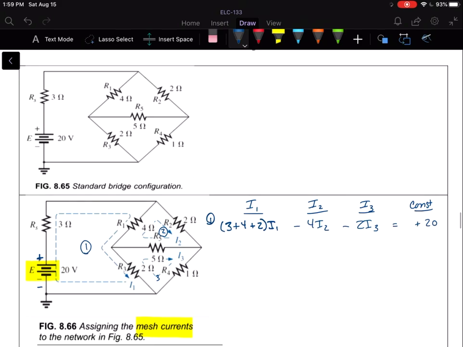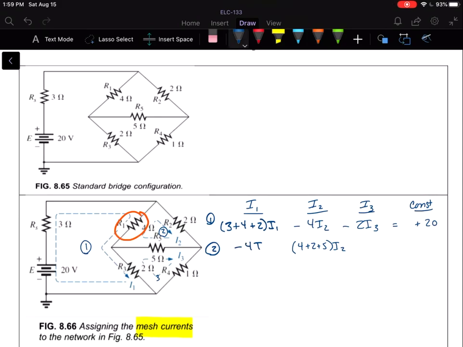Okay, so there's one. So our second equation, we're gonna add everything that's connected to that second mesh. So R1, R2, and R5, and that'll be our I2 term. 4 plus 2 plus 5, I2. And then we're going to subtract in our I1 column whatever I2 and I1 have in common, which we saw before was that 4 ohm resistor.